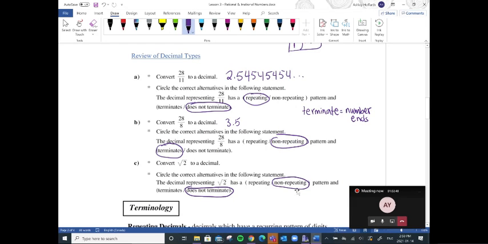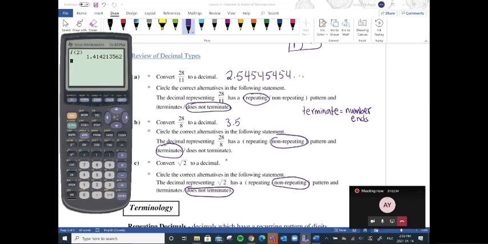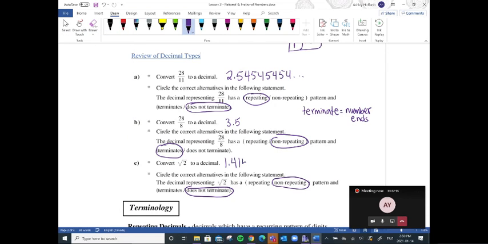Or you can have non-repeating and non-terminating decimals, and that's like 1.4142, and then it kept going there with no repeats in there whatsoever. So those are the 3 types of decimals we can have.